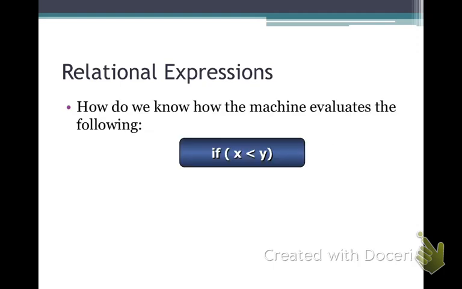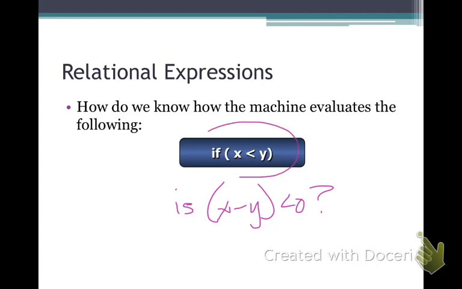How do we know how the machine evaluates this? Well, we know what it does. In this case, it's actually going to evaluate x minus y less than 0. So when I do a relational expression like that, I'm actually going to do subtraction to see whether or not x is indeed less than y.